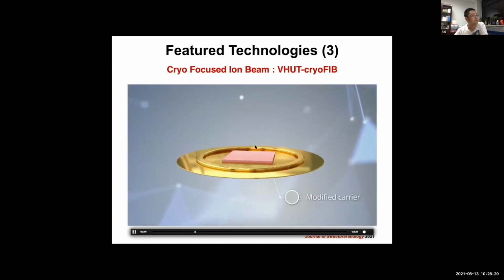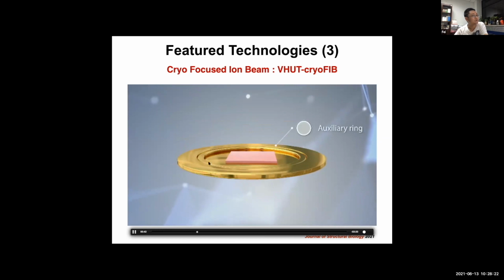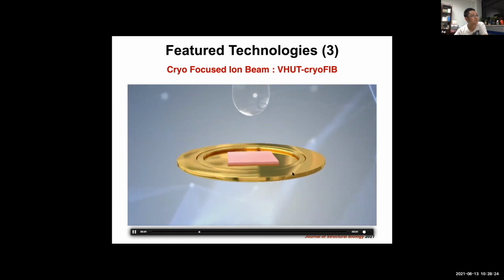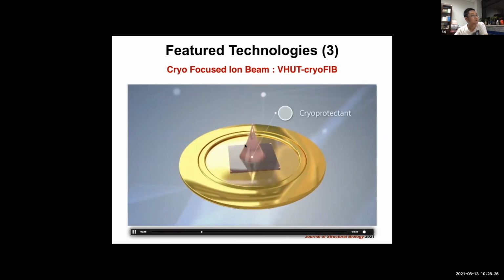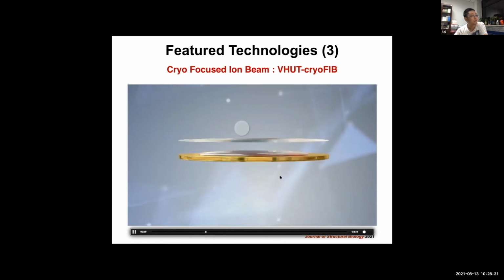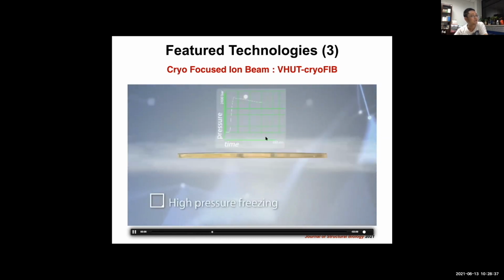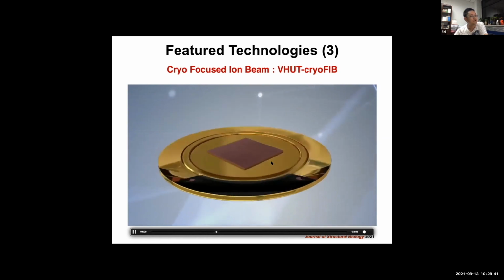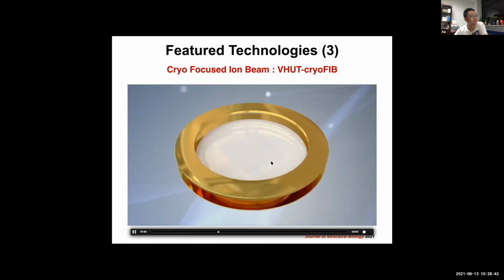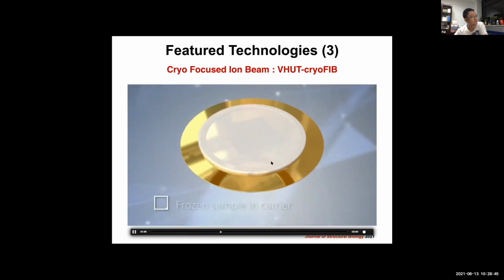We put the tissue into the carrier, and this is an auxiliary ring to protect the carrier. And this is a cryo protectant. And this is a sapphire disc for high pressure freezing. After high pressure freezing, the tissue sample is frozen, is fixed.